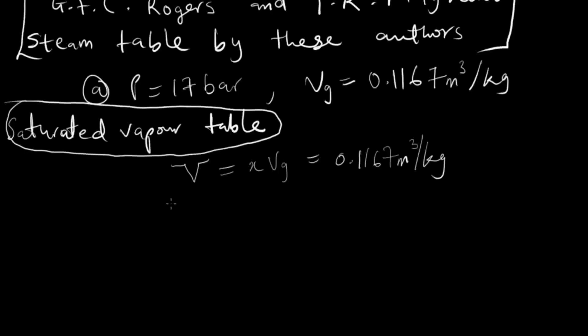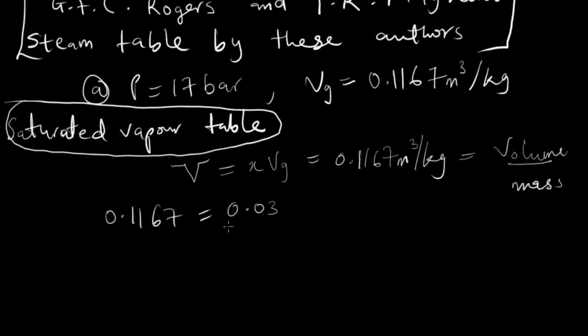But specific volume is also equal to volume over mass. So 0.1167 is equal to, what was the volume given? 0.03 per mass.